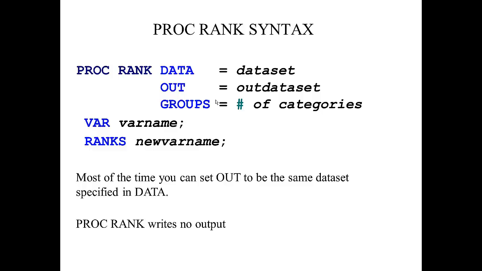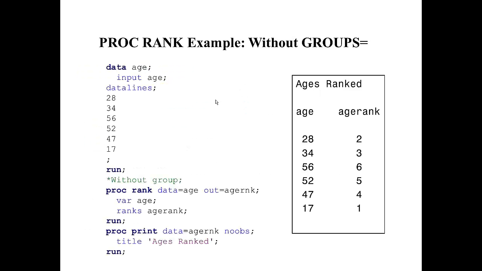With the PROC RANK syntax, if you leave out groups, then PROC RANK is going to produce a new variable that's the rank of your old variable. So here is an example of PROC RANK where we're not including groups. We're creating a data set called age, and what we're interested in doing is just creating a variable called age rank.